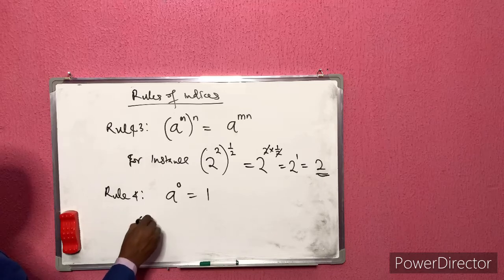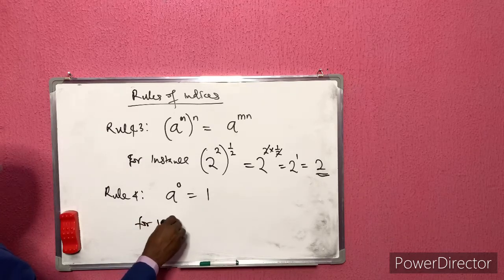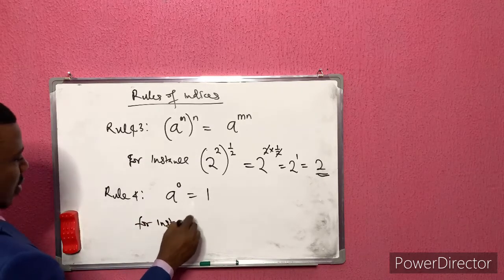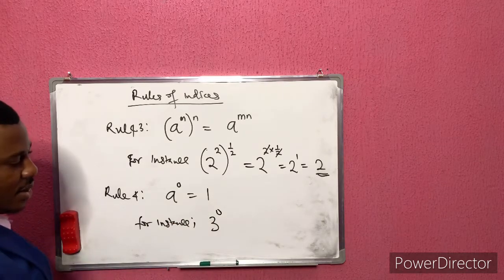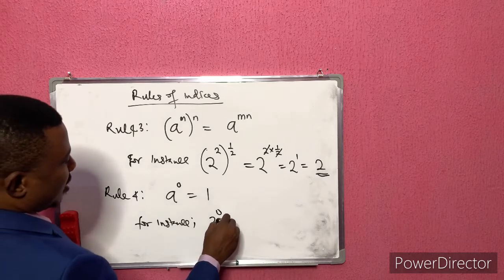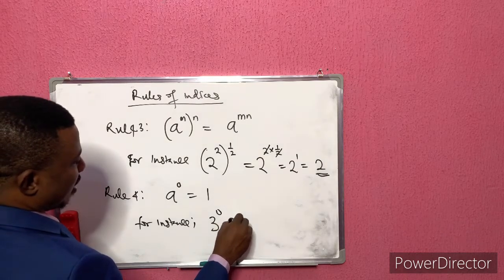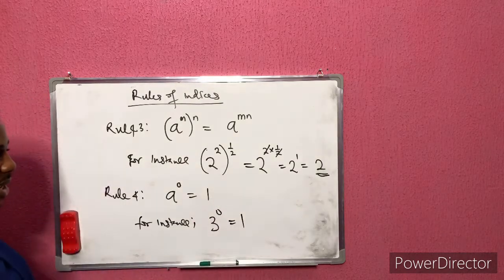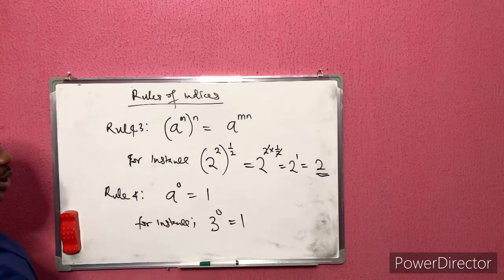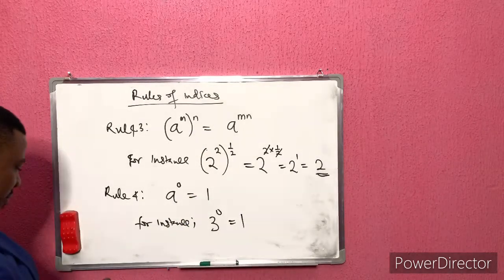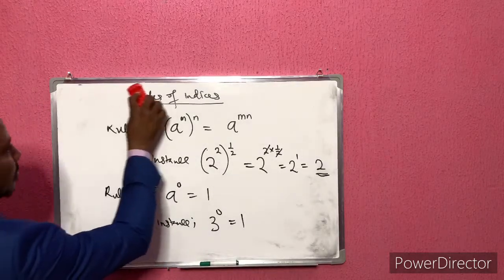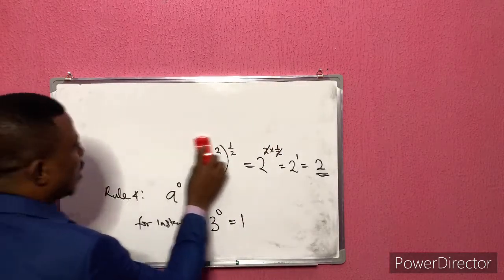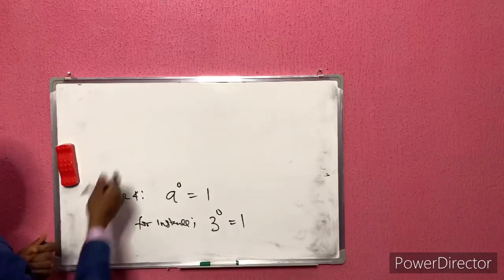For instance, 3 raised to the power 0 simply means 1. Any integer power 0 is 1. Don't forget. Okay, rule 4.